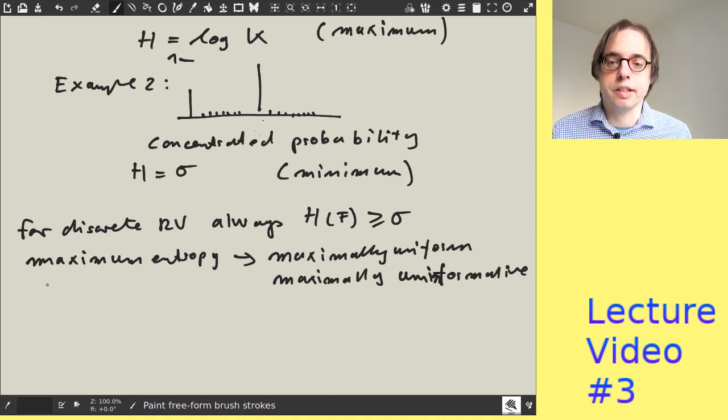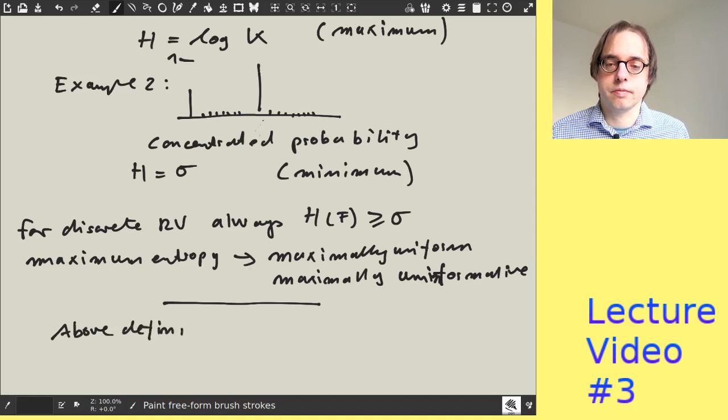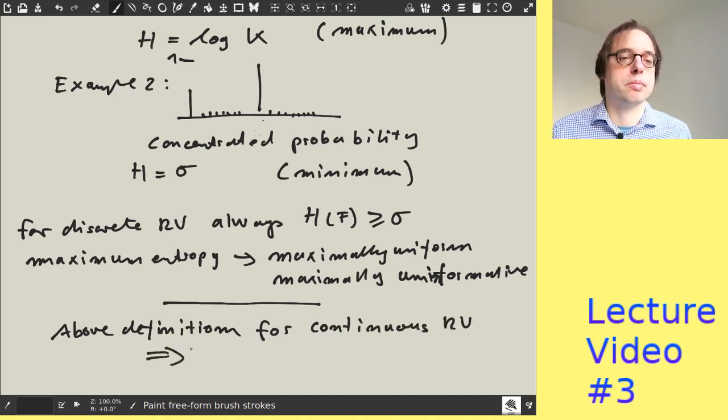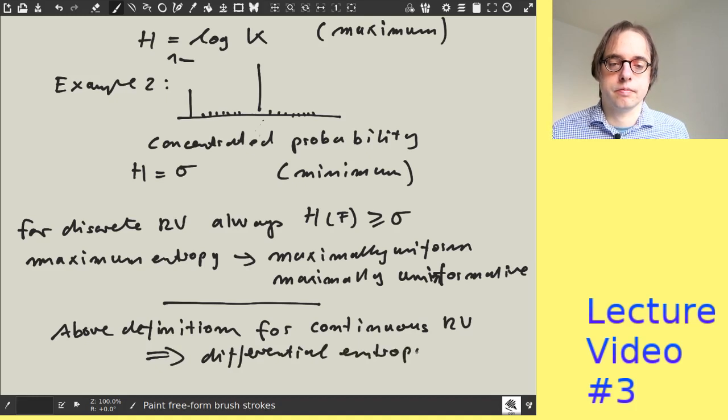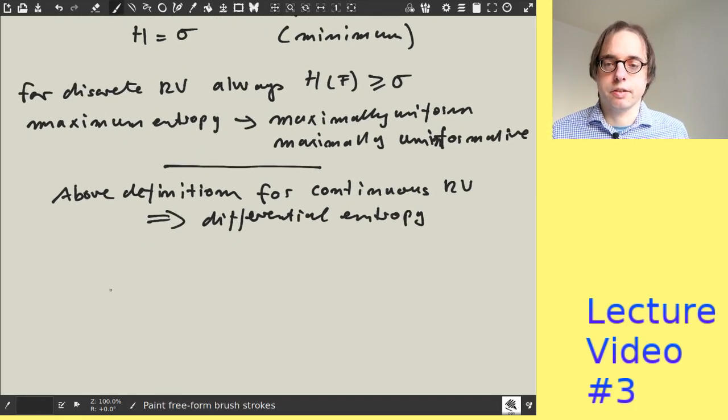And if we apply the above definition to continuous random variables, then we end up with something called differential entropy. So this differential entropy is basically Shannon entropy for continuous random variables.